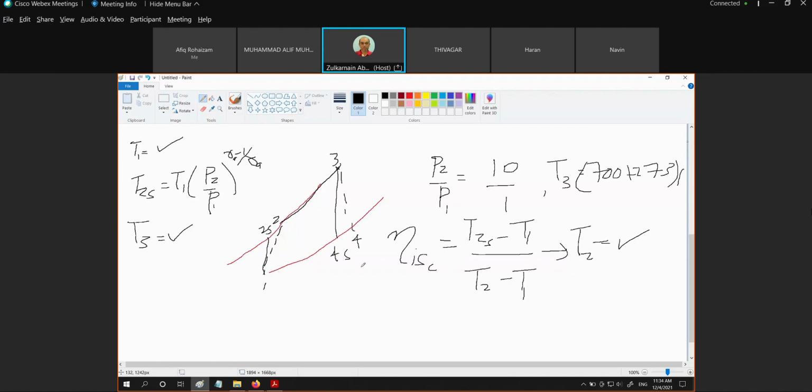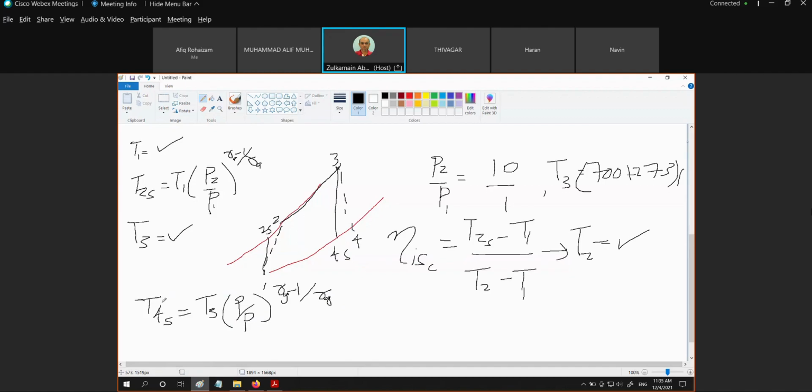And then, of course, we are going to take care of the T4S. What is T4S? T4S is equal to T3 multiplied by P4 over P3, to the power of gamma minus 1 over gamma. And this gamma involved for the turbine is the gamma for gas. And this is also for gas.